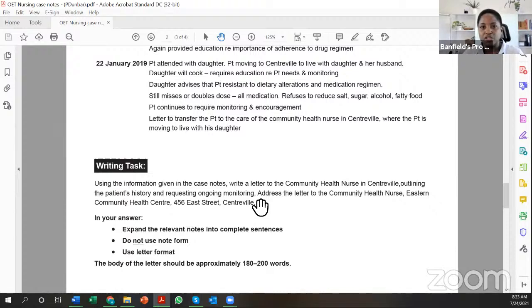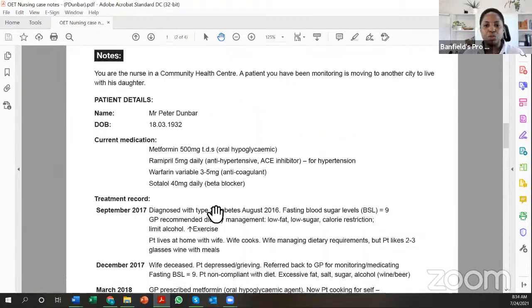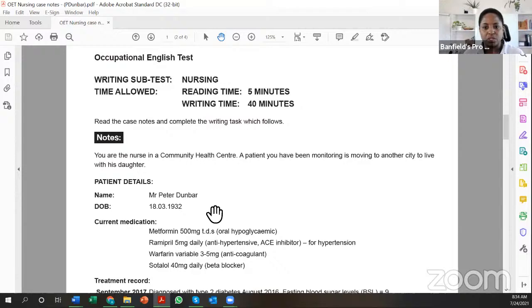Okay, they're not going to be just dealing with one issue and sending the patient back to you. They're going to be taking over care. All right, and who to address the letter to. And then, of course, as usual, we go back up to the top.